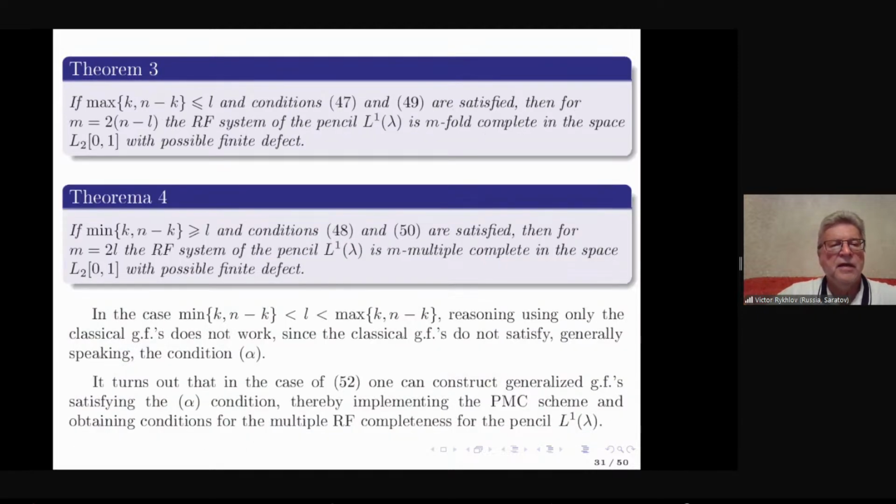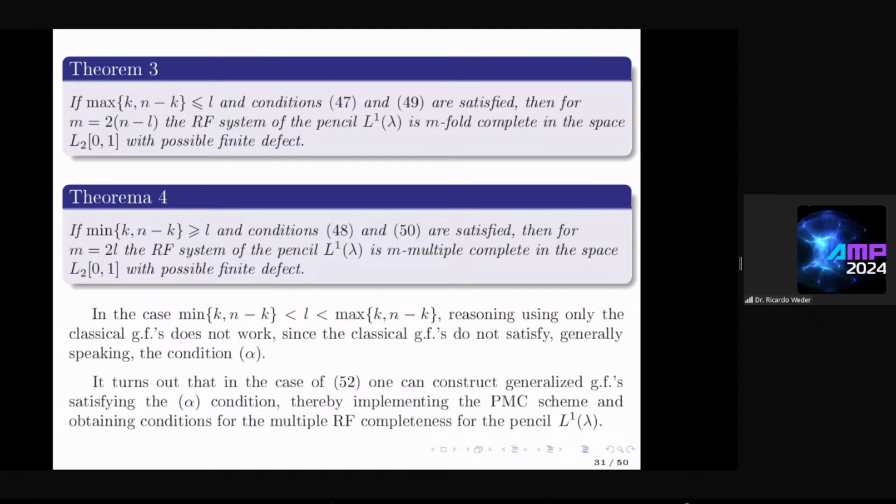Theorem 3. If the maximum of k and n minus k is less than or equal to l, and conditions 47 and 49 are satisfied, then for m equals m multiplied by n minus l, the root function system of the pencil L1 of lambda is m-fold complete in the space L2(0,1) with possible finite defect.